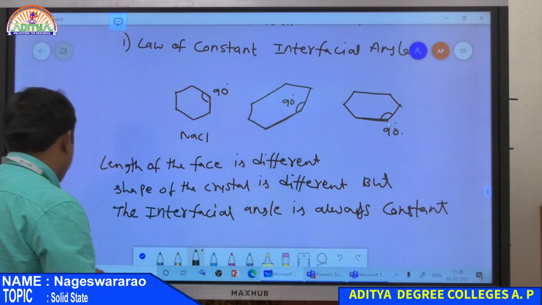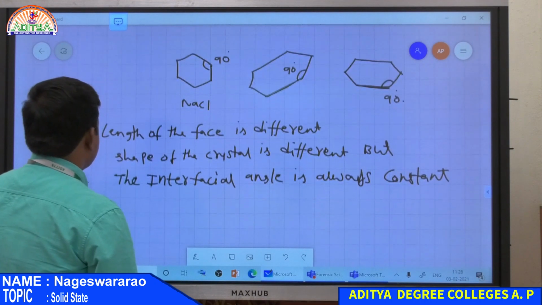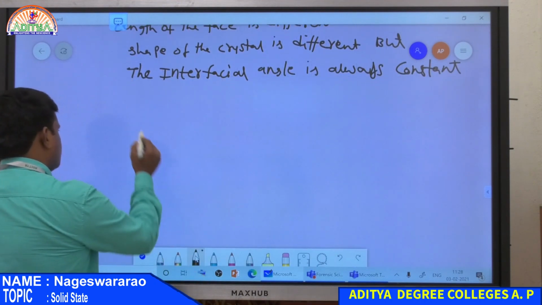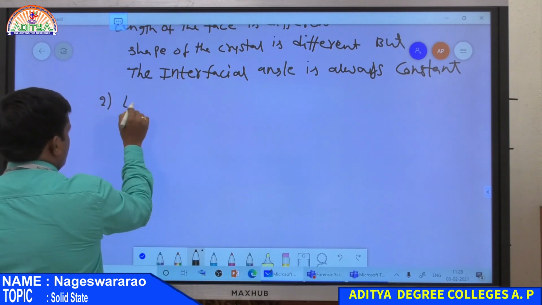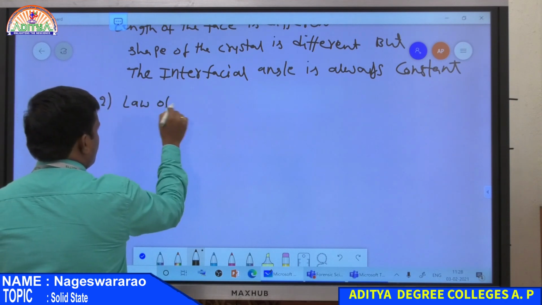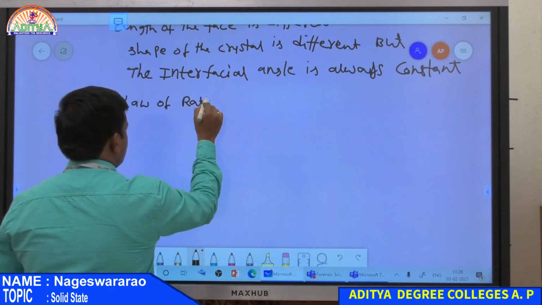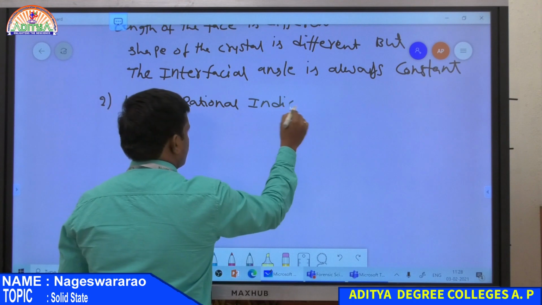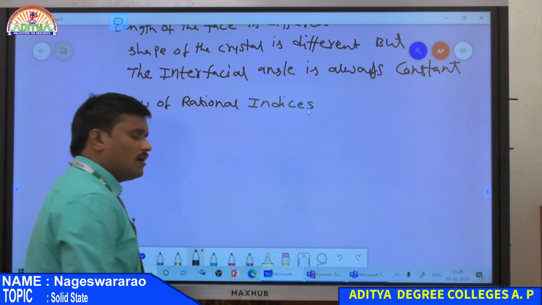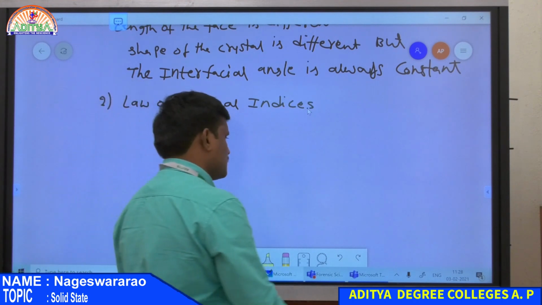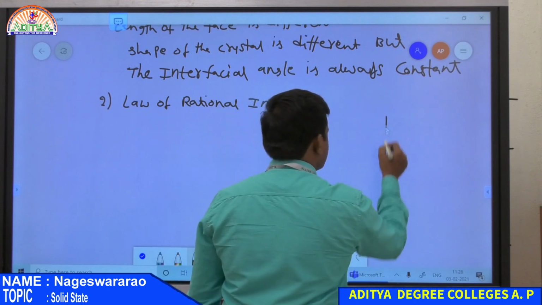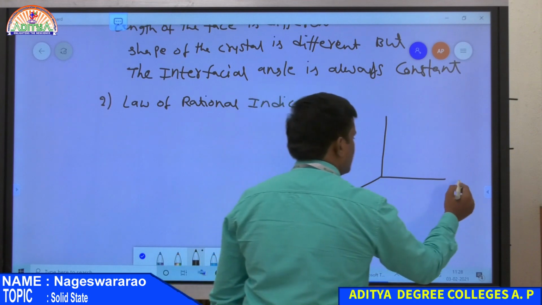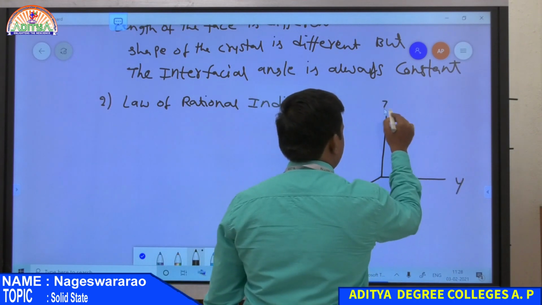Now the second law. The second law is the law of rational indices. So look at the diagram. This is the x-axis, this is y, and this is z, or simply x, y, and z.